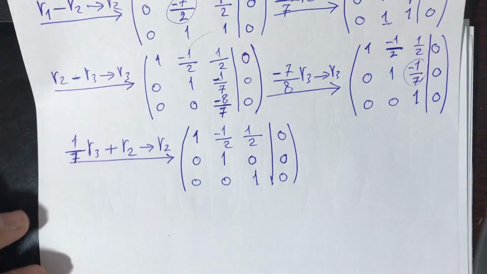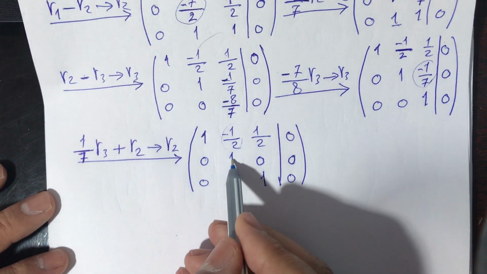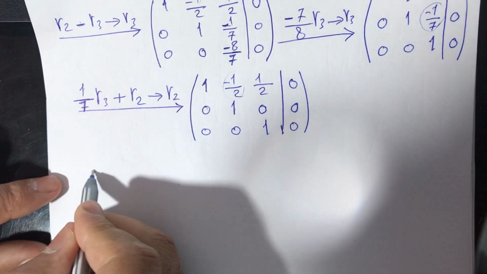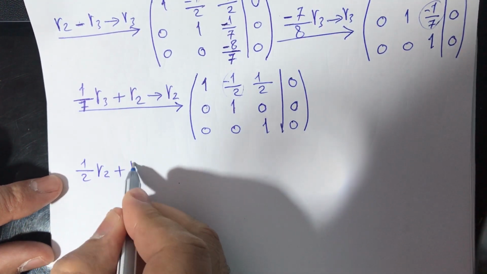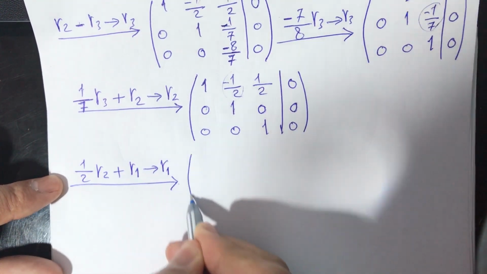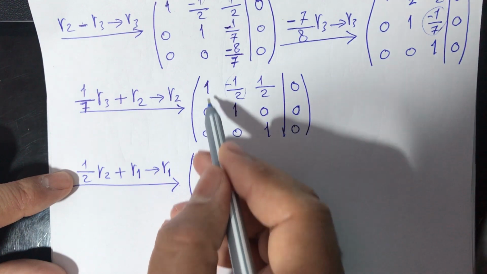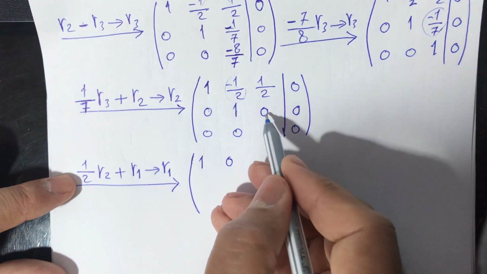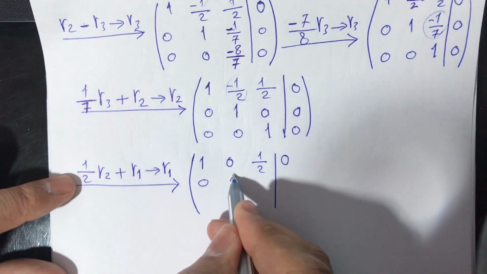And now try to make this one 0 by using this row. So 1 half R2 plus R1, write in R1. We get here 0 plus 1 is 1, and here half minus half is 0, and here 0 plus half is half, and this is 0, and here the same 0, 1, 0, 0.